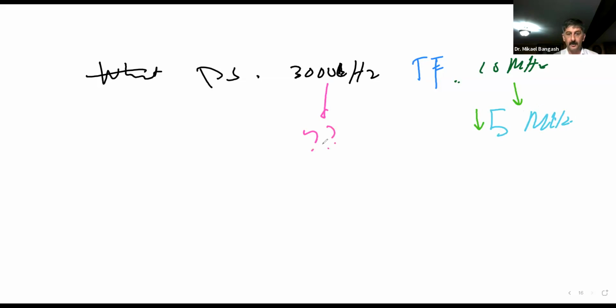Now, please keep in mind, if they say Doppler shift, that's when you say that because the frequency is reduced to half, the Doppler shift is also going to be reduced to half, from 3,000 to 1,500 hertz. Did that make sense? Yes.